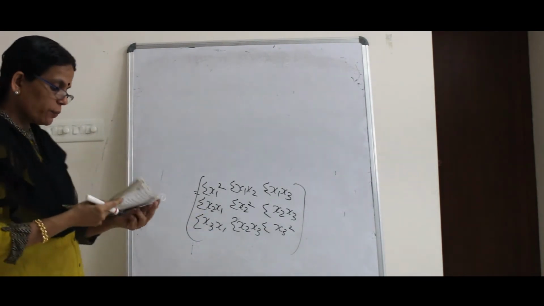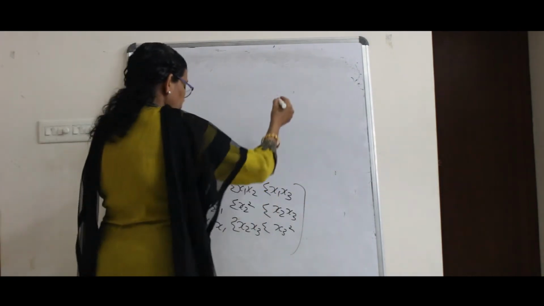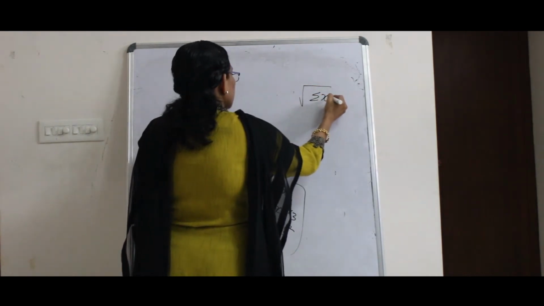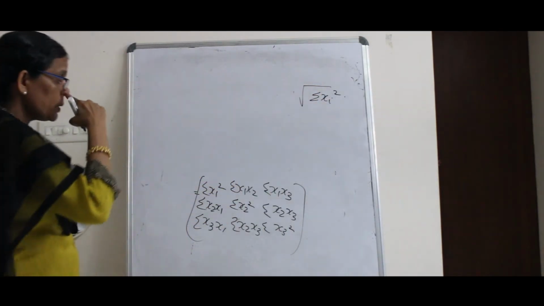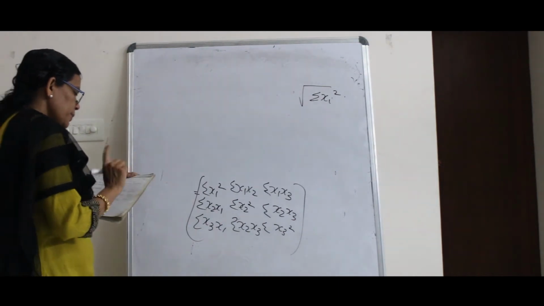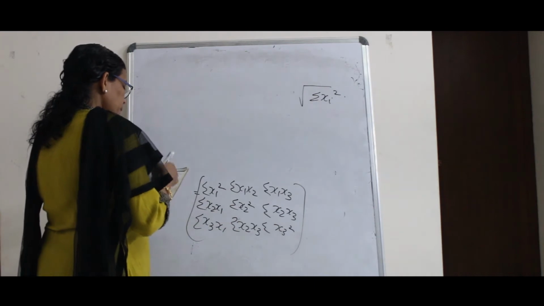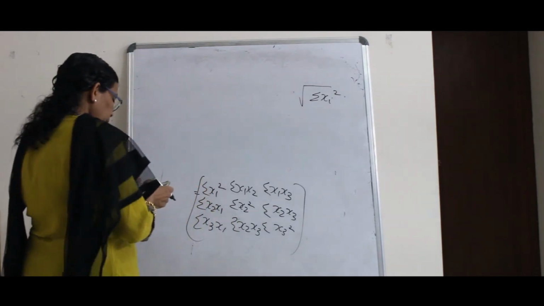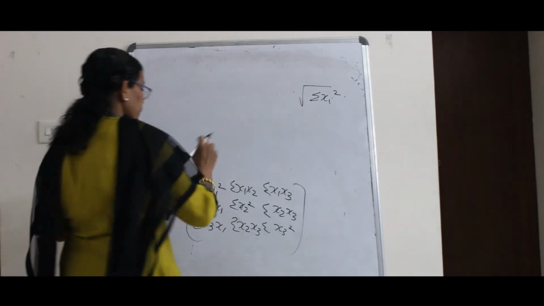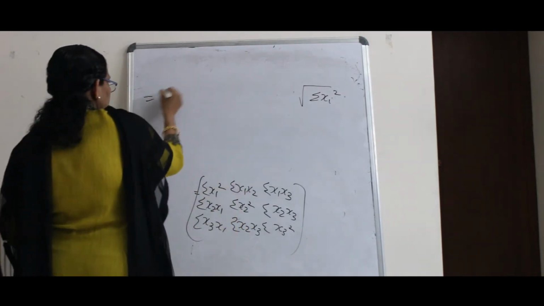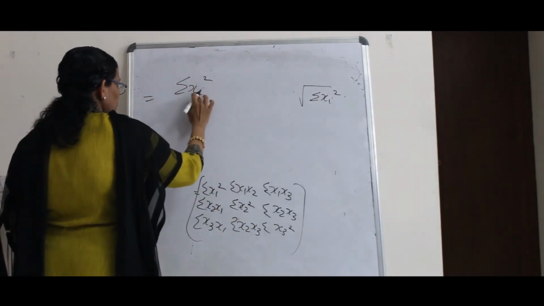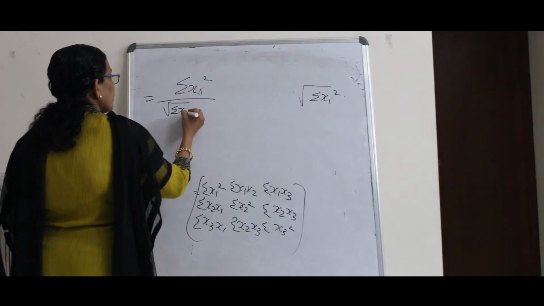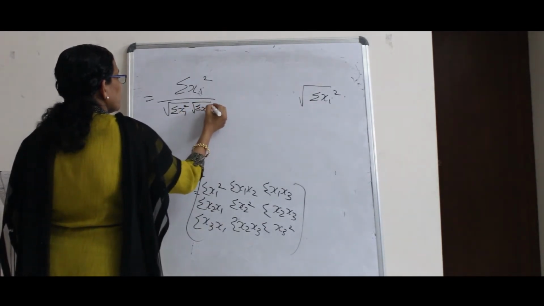To obtain the standardized form, you will have to divide each of these elements by the square root of sigma xi square. That is, divide the first element, sigma x1 square, by square root of x1 square into square root of x1 square.